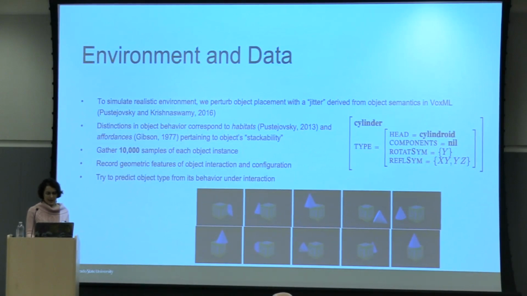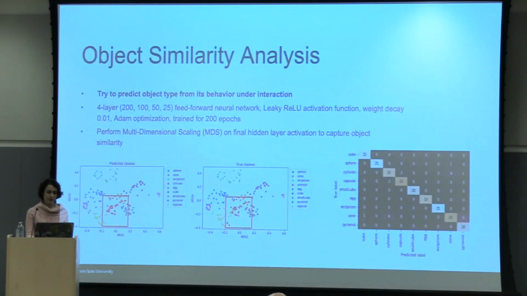In our stacking task, we try to gather 10,000 samples for each object instance. And in general, our goal is to predict object type from its behavior, and we record geometric features of object interaction and configuration.